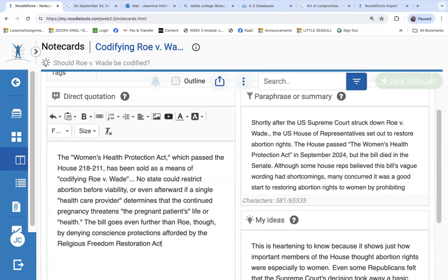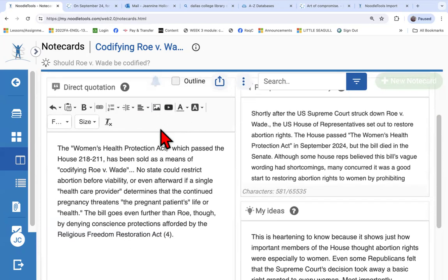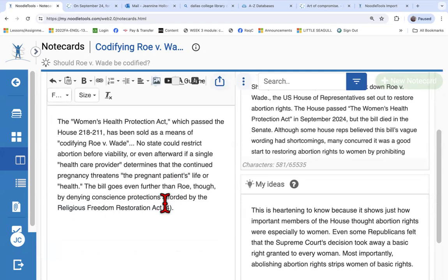Now, when you put an in-text citation in anywhere, you don't put a period at the end of the sentence. You just put a space and then you put a 4. This has the page number, but we need to also include, I would say, "On September 24" as your title, because this has no author.